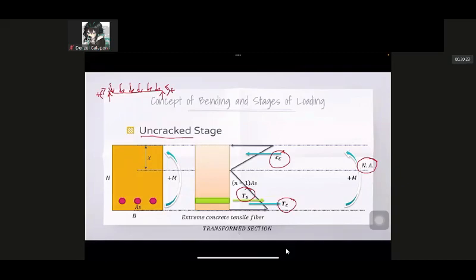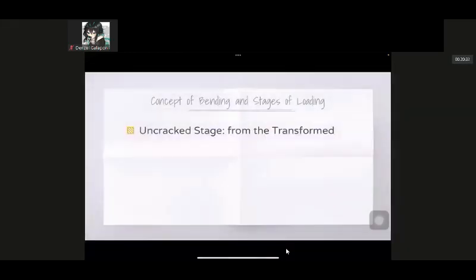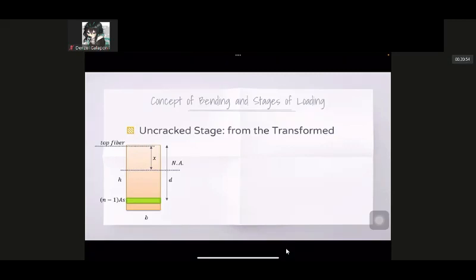And if these are the forces, so kukunin natin ngayon yung mga formulas for the uncracked stage from the transformed section. So NA, then X. This is your top fiber. And the distance from the top fiber up to the steel is, let's say that is D. So this is your top fiber.